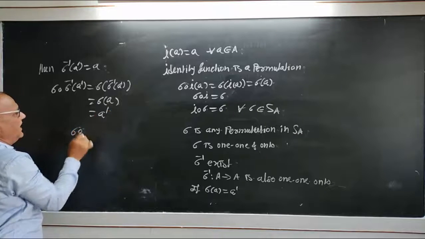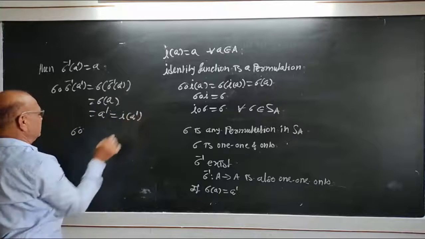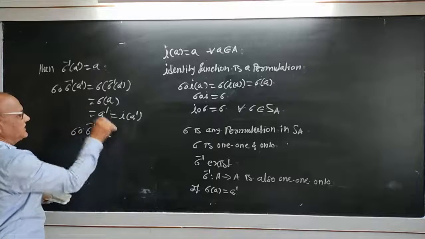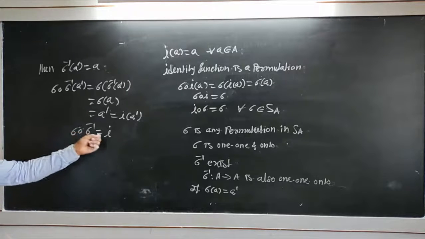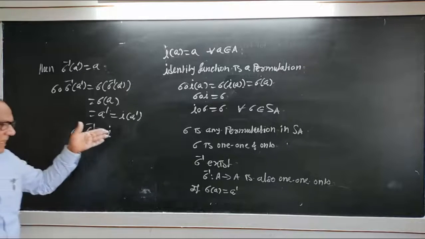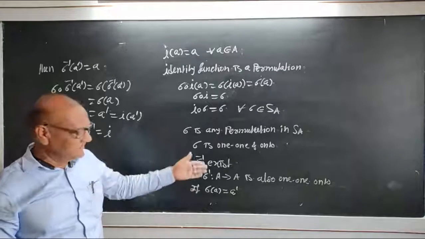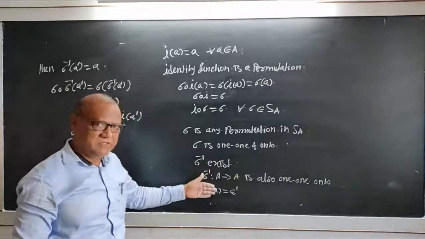That means sigma of sigma inverse is I of a dash. Sigma of sigma inverse is the identity. And so the inverse also exists, and the inverse function is also a permutation.